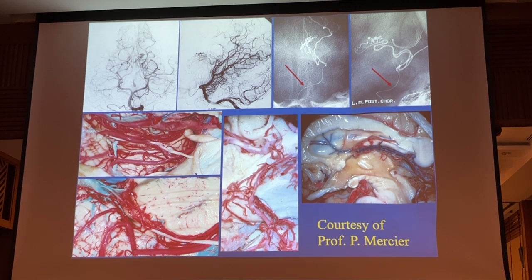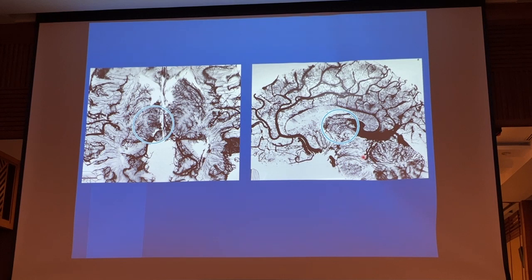It is exactly the same configuration, going around and getting into the third ventricle and supplying it like this. Philip gave me this picture to illustrate it in a similar way.